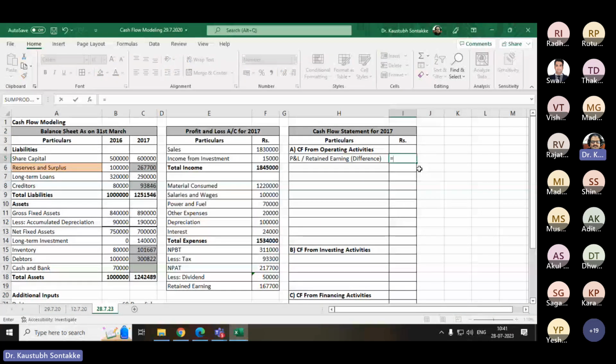You can write is equal to, give the second year, minus first year. So this is your net retained earning of 2017. It is the starting point of your cash flow from operating activity.